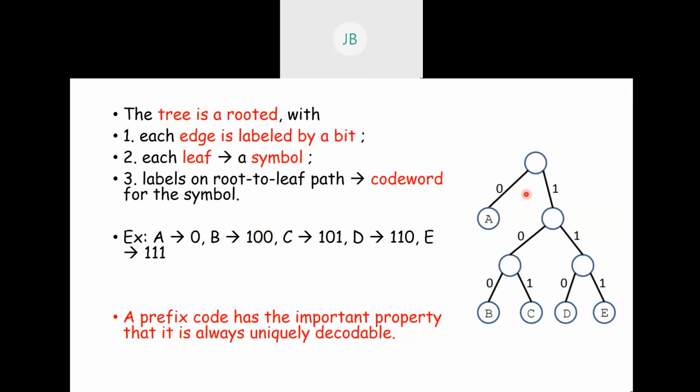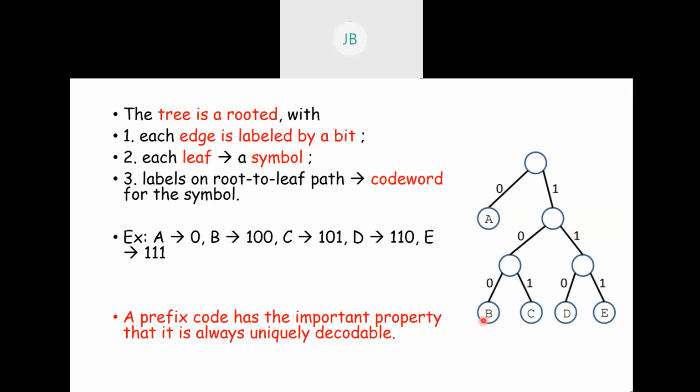We must be very careful regarding this, that on the left hand side we use zeros. Anywhere you see, on the left hand side we have zeros, and on the right hand side we have ones, and we extend the tree until we reach our symbol.